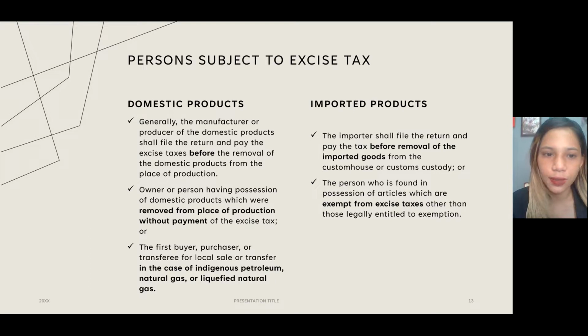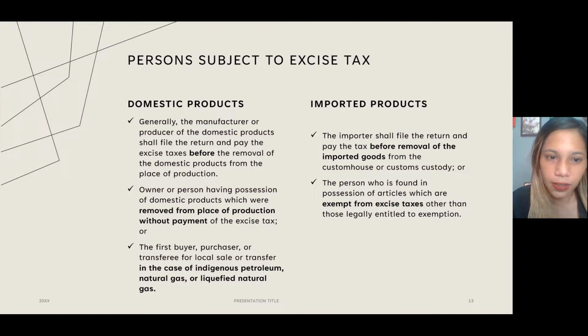Second, the owner or person having possession of domestic products which were removed from the place of production without payment of the excise tax. These are liable, no? Lastly, the first buyer, purchaser, or transferee for local sale or transfer in the case of indigenous petroleum, natural gas, or liquefied natural gas.